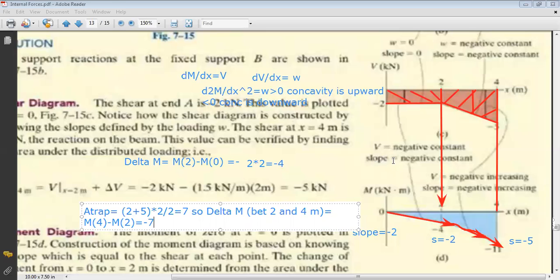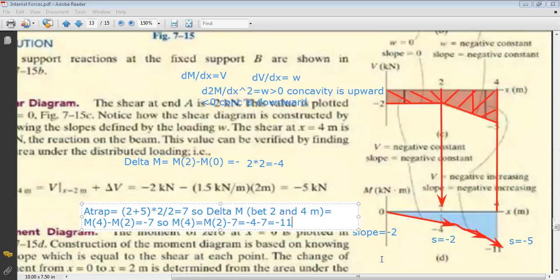Okay, and we have already calculated that the moment at 2 is minus 4. So I deduce that the moment at 4 meters is equal to M2 minus 7, which is equal to minus 4 minus 7 equals minus 11. Okay, so as you can see here, we obtained the value which is minus 11.